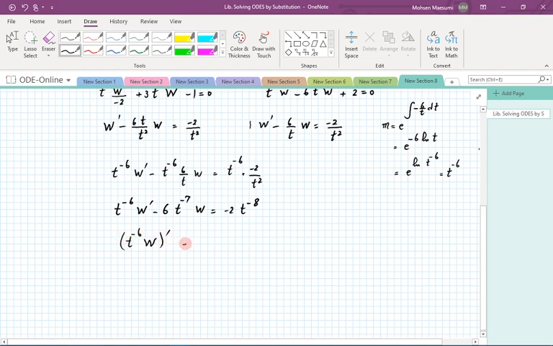Let's double check to make sure. W prime times the first term. Derivative of the second term is minus 6t to power of minus 7. And the right hand side I have my t to power of minus 8. I integrate both sides, so it becomes t to power of minus 6 w is equal to, this is going to be minus 2 t to power of minus 7 over minus 7, and then a constant.